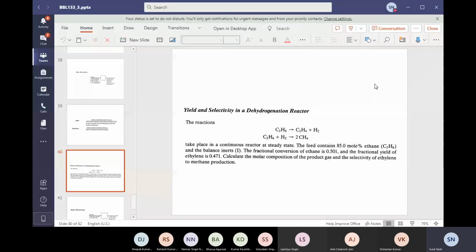Please take down C2H6, unreacted ethane, in the stream is 30.3%. The main product, C2H4 ethylene, is 28.6 mole percent. H2 hydrogen is 26.8%.